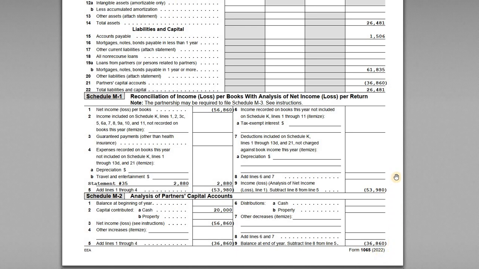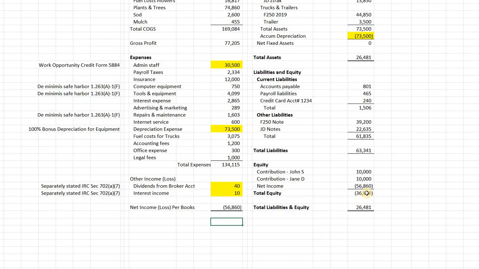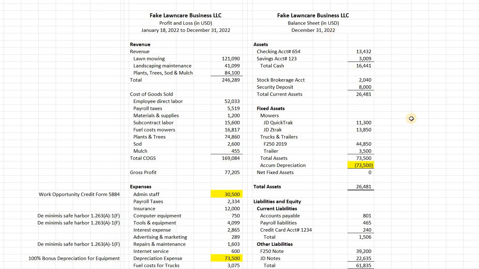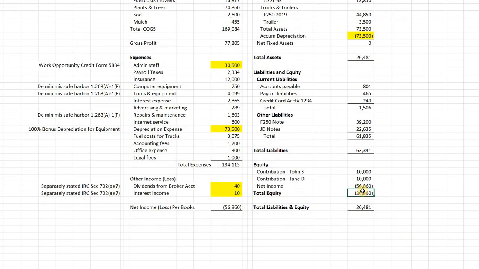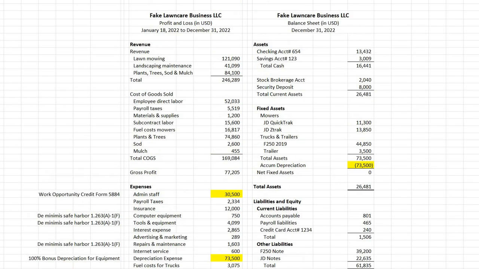That's reported here on line 9. We have the same reported up here on line 21. That also reconciles with the equity on our financial statement. When we look at our book balance sheet and profit and loss, we have minus 36,860. That's an aggregate of the net income allocation and the capital contributions from John and Jane.